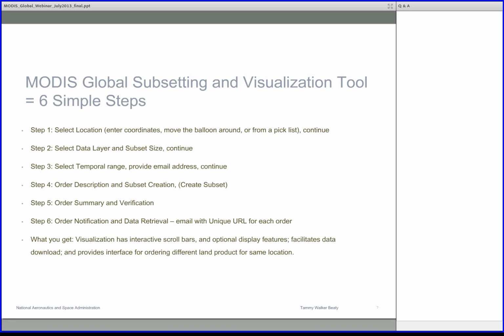Thank you. Okay, so we're going to continue from step 4. At this point, you have already selected your location, your data layer, your subset size, the temporal range, and provided an email address. Step 4 is an order description, and this is the point at which you actually press the Create Subset button.